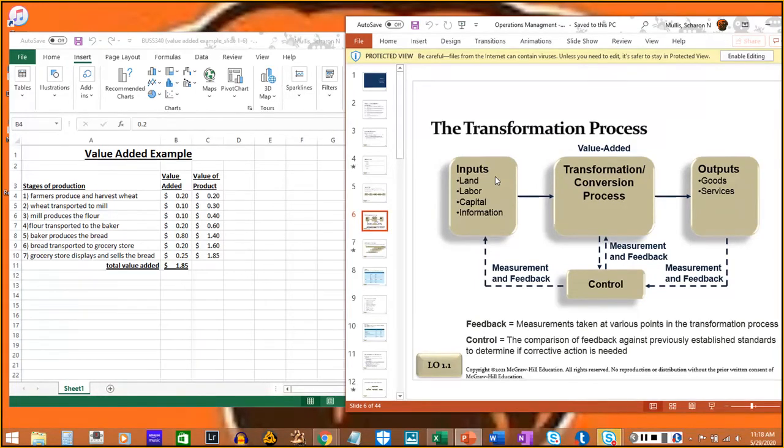Anything else? Can you think of anything as far as inputs besides the land? I know we have labor. What about capital? Do you know what the capital would be, Baja?